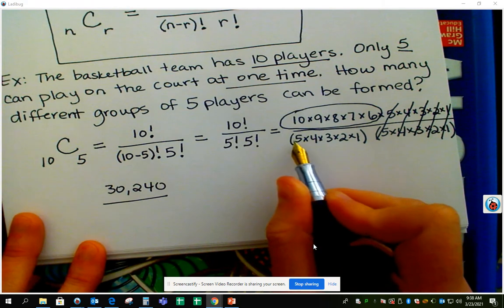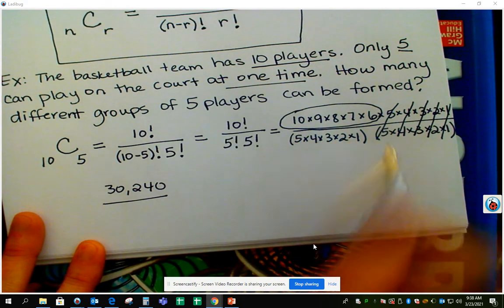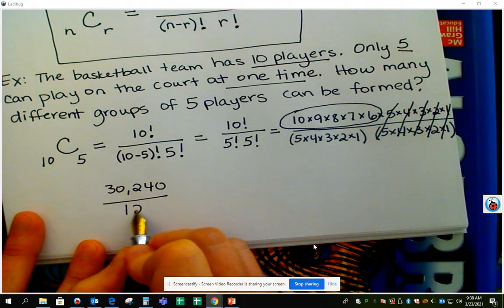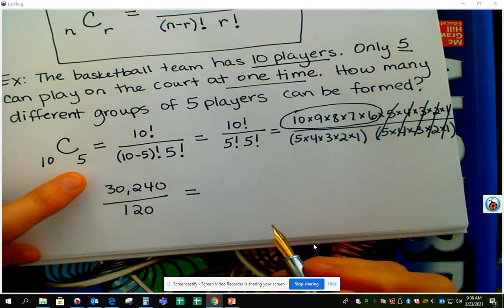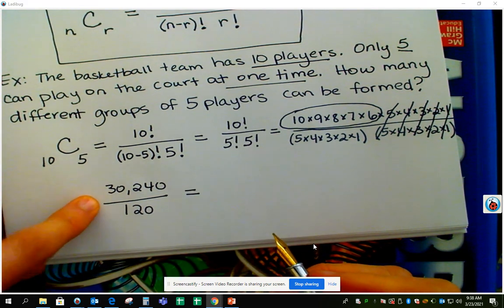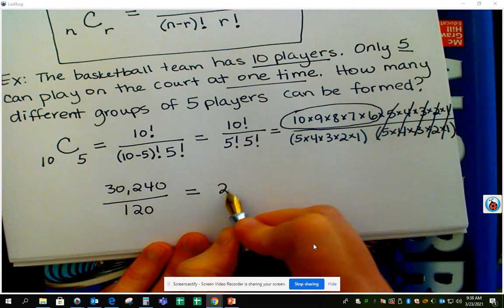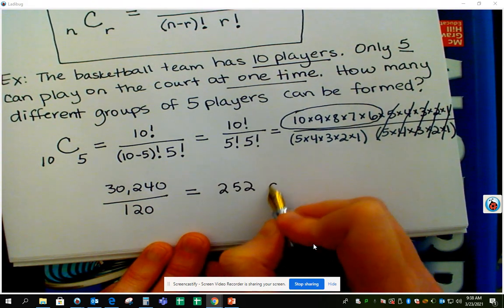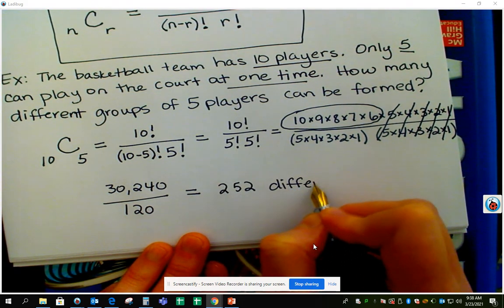And on the bottom, I'll multiply 5 times 4 times 3 times 2 times 1, and I'll get 120. And then I can just divide top number divided by the bottom number, and I'll get 252 different combinations.